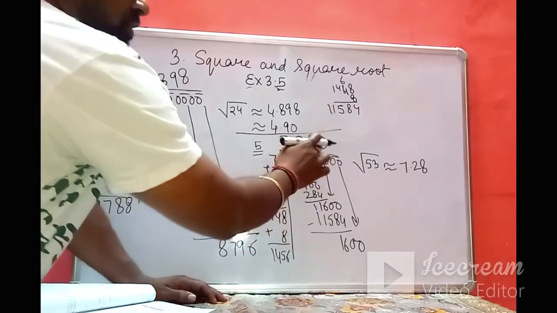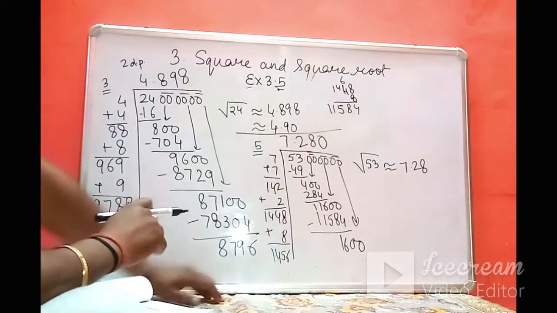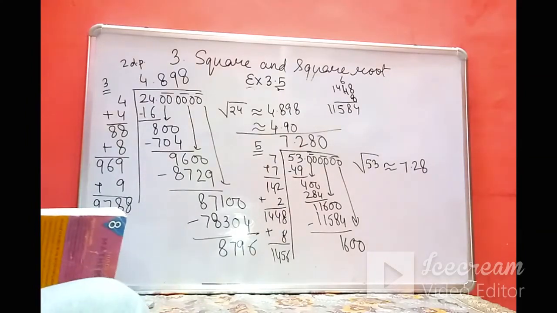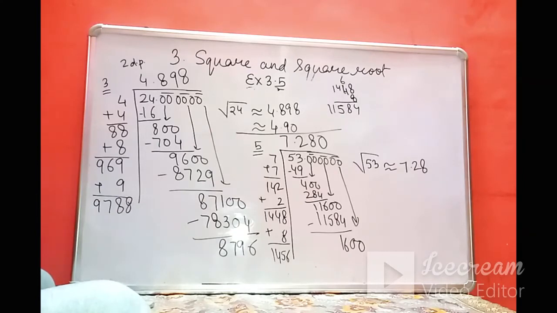Because the 0 is there, when you round off at 8, you will get the answer as 7.28. Okay, so I hope you are getting it. So we have found the square root of natural numbers.